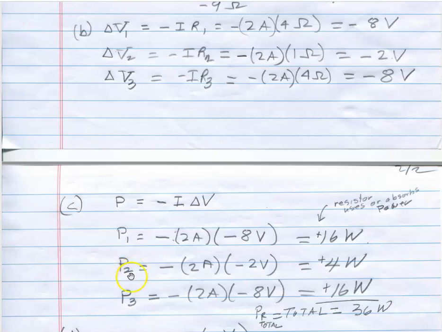Similarly for resistor 2, which has a 2 volt potential drop, that's the delta V, and I is 2, and the minus gives me 4. Then resistor 3 again has a minus 8 volt potential drop across it times the current, and again 16. If you look at this, the total power dissipated in all the resistors is just the sum of these. So you get 16 plus 4 is 20, plus 16 is 36 watts total.